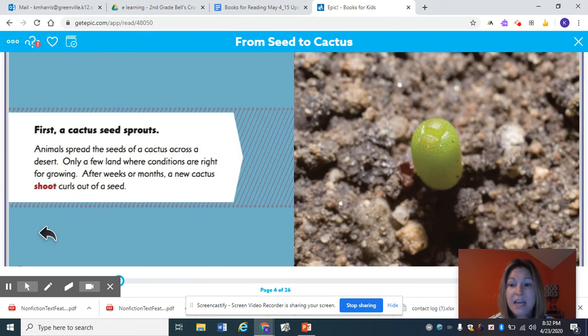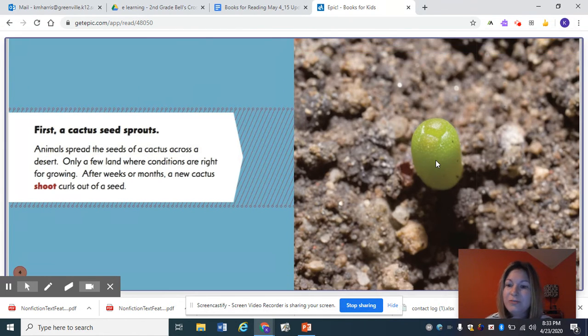So that is another big flag for the author to get our attention to say, hey, this word's important. And I bet you when we get to the end of the story, we're going to see that shoot will be one of the words in the glossary. I also want to bring your attention to the right. We've got a photograph. It gives us a realistic picture of what a tiny little cactus shoot looks like.